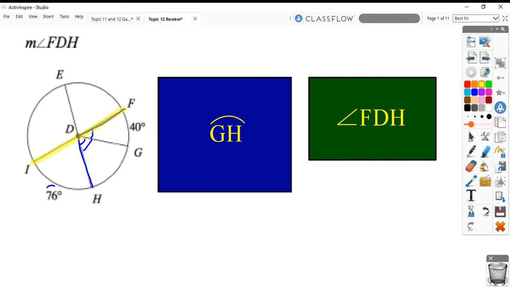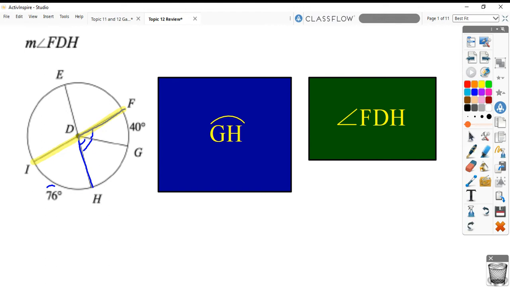When we think about circles and degree measurements, something we know is that a full circle should add up to 360 degrees. So if we're cutting it in half, like we have here with this diameter highlighted in yellow, all of the pieces on one side of that diameter should add up to 180.